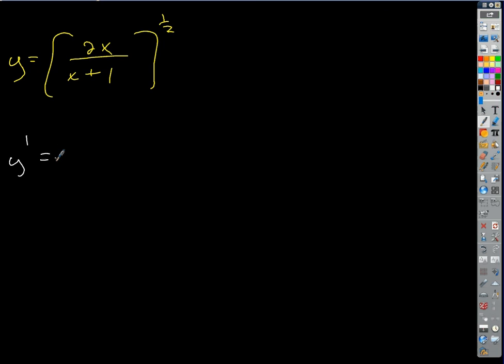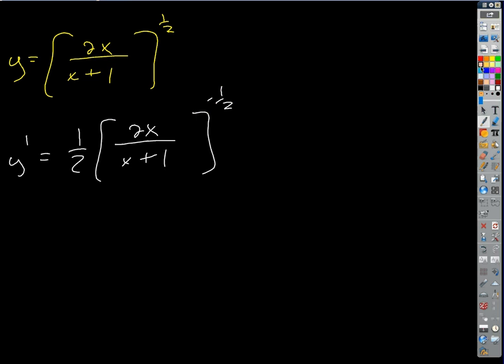So y prime then. What's going to be my first layer of my derivative? I've got something to the 1/2, and the derivative of something to the 1/2 is 1/2 times that something to the negative 1/2, where the something is 2x over x plus 1, right? Now we've got to go another link, now we've got to take the derivative of what's inside. What's the rule we're going to follow there? Quotient rule.